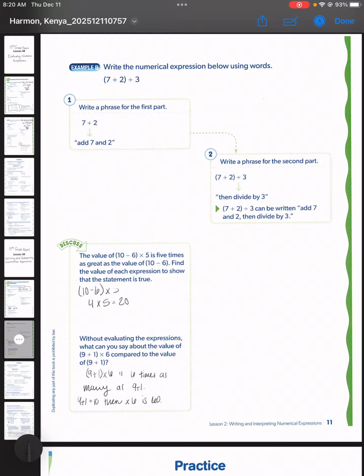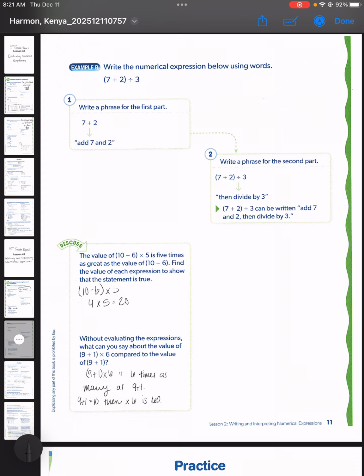In example B, they are given a numerical expression and they have to write it using words. Ask students orally first, what do they see? So if I look at this problem, first I am adding 7 and 2. What's happening next? Then I am dividing by 3.